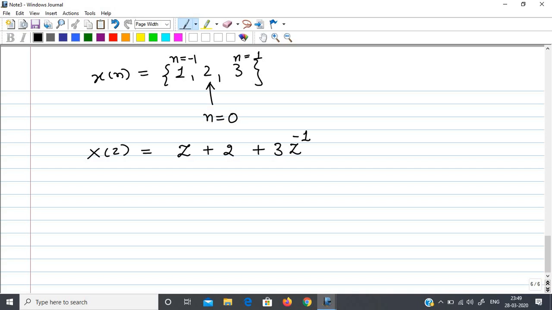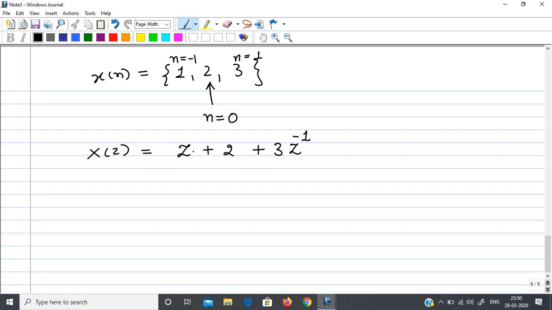Now again, this is a series, though it is not an infinite series, it has 3 terms, but we can see that this series will not converge for 2 values of Z. One value of Z is Z equals 0. If Z equals 0, then this term will become infinite.